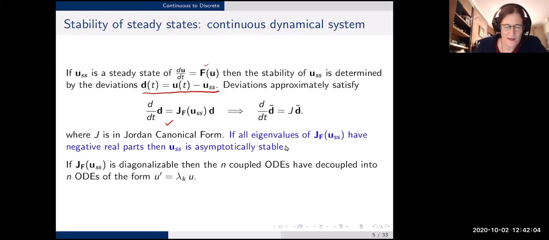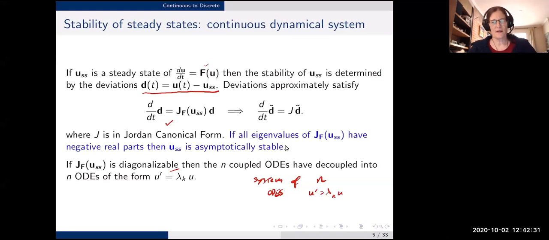If it's diagonalizable, then you can decouple, and you just have a system of n ODEs, each ODE of the form u prime equals lambda k u. So this is wonderful, and that's how we study the stability of a system of ODEs around a steady state.